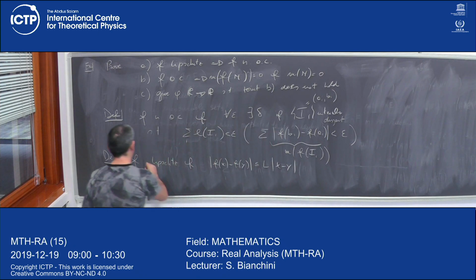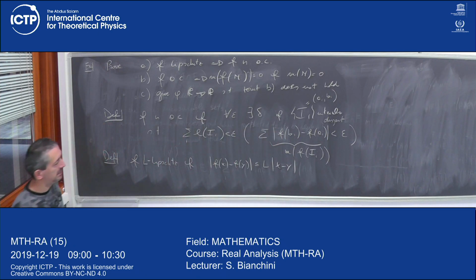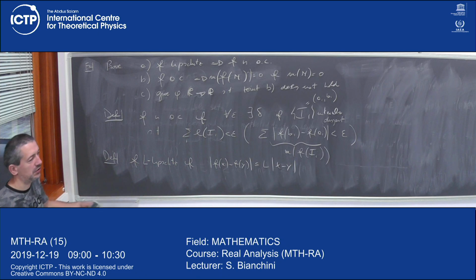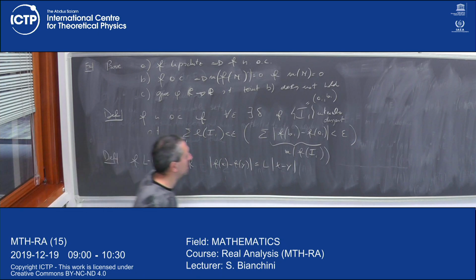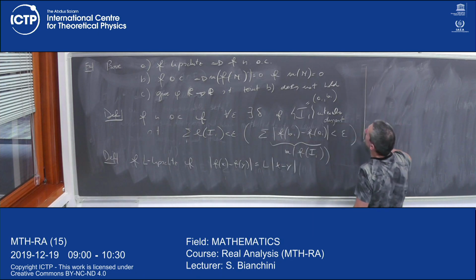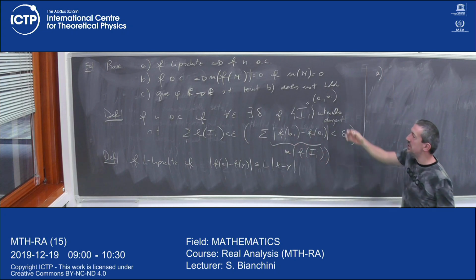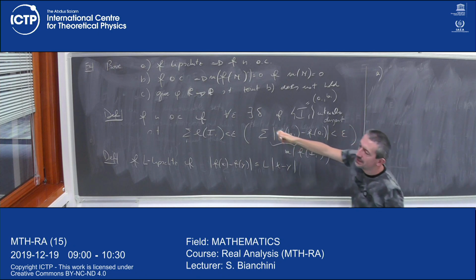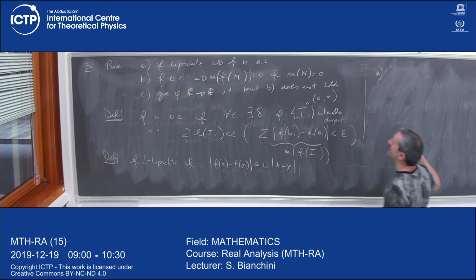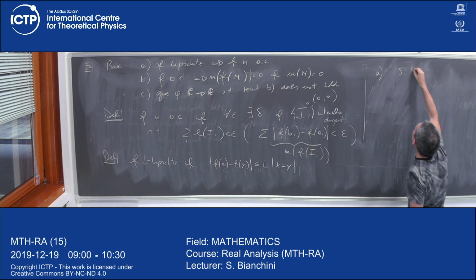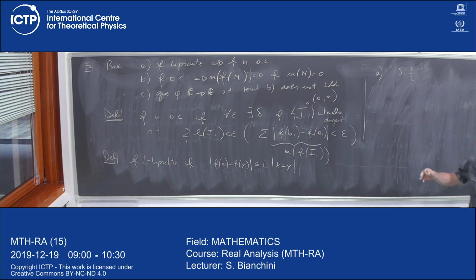And L is the Lipschitz constant, just to remember. So now the thing is clear. Point A, which is the choice? Delta equal to epsilon over L.